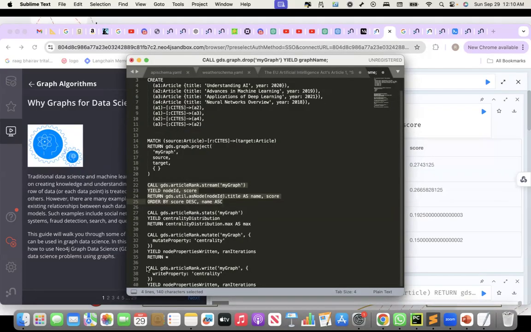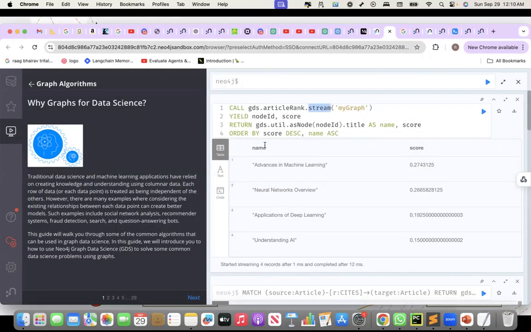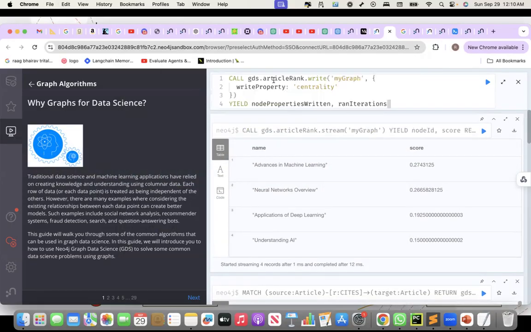So this is the write. If I use this, the write property, centrality, will be stored in the graph database as a property of the nodes.